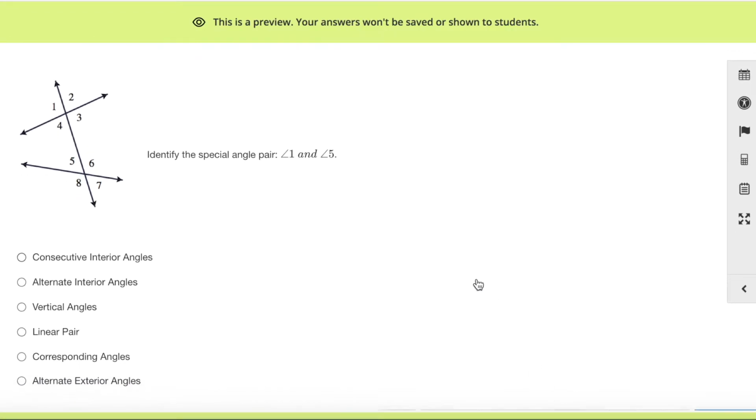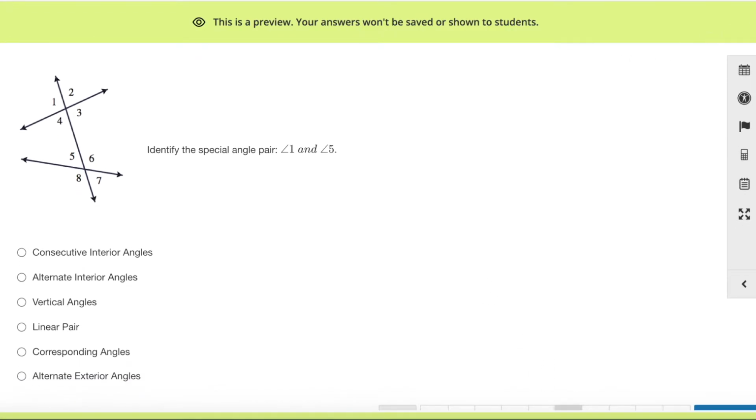Number 6. Angle 1 and angle 5. Okay. Here's angle 1. Here's angle 5. They're both on the same side of the transversal. One is exterior, one is interior. They are going to be corresponding angles.